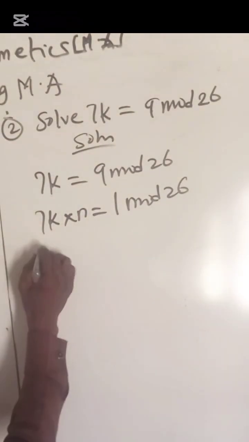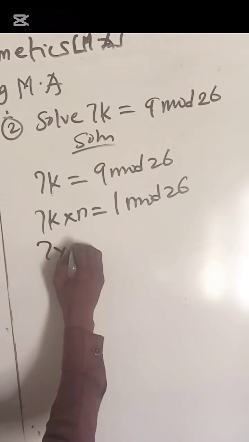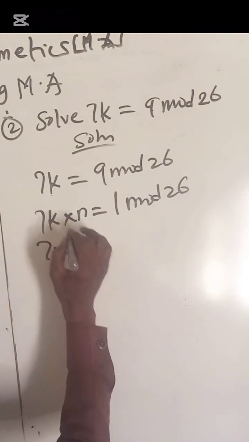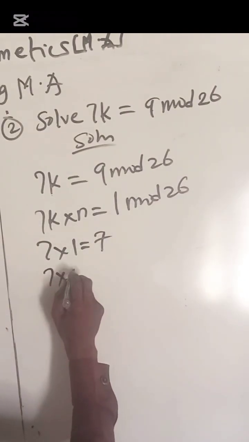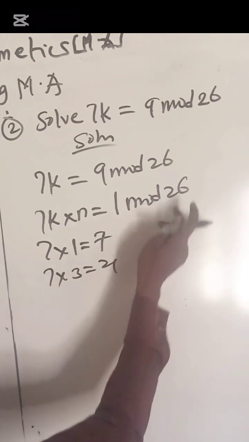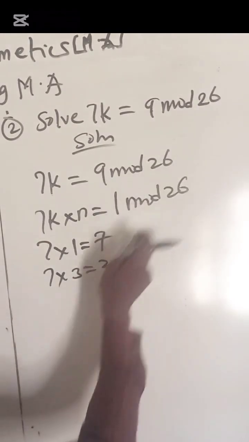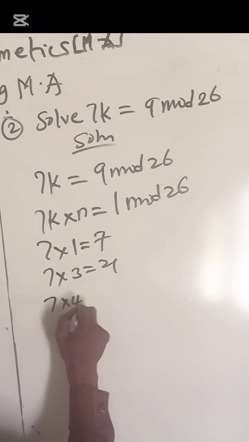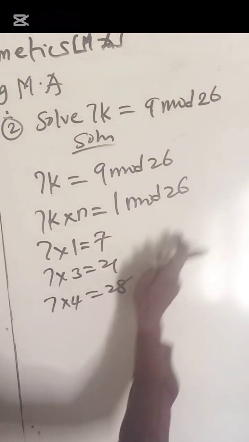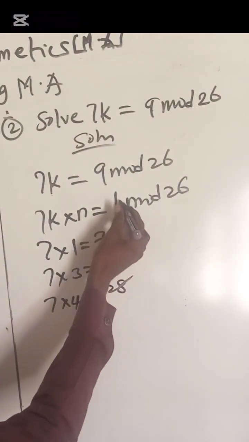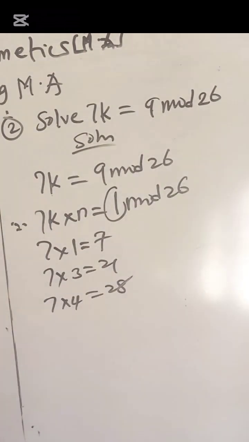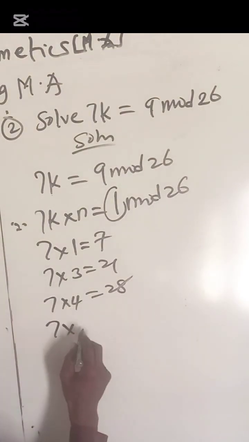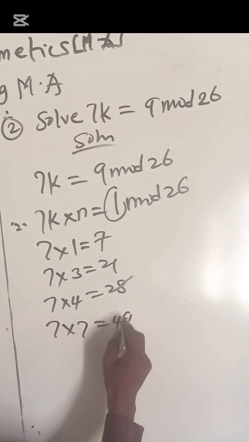So let's check 7 times what? 7 times 1 is 7. It doesn't hold water here. 7 times 3 is 21. It does not affect because it's lower than 26. Now, 7 times 4 is 28. 26 in 28 is 1 remainder 2. Remember, this is what you are looking for: 1 mod 26, not 2 mod 26. Now, 7 times 7 is 49.